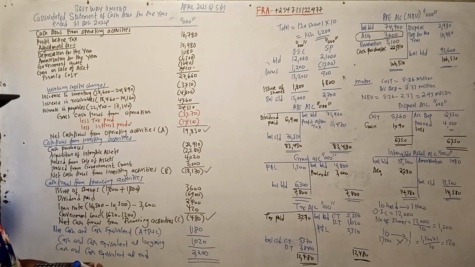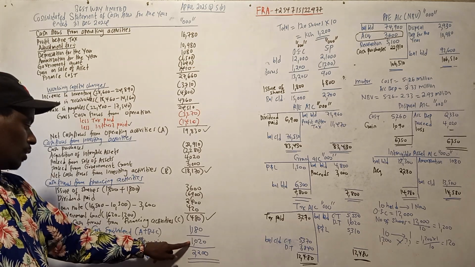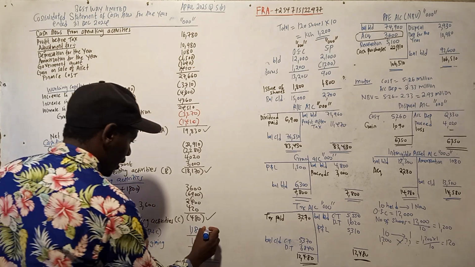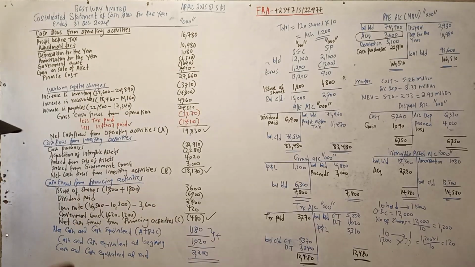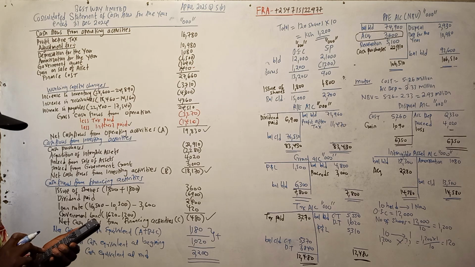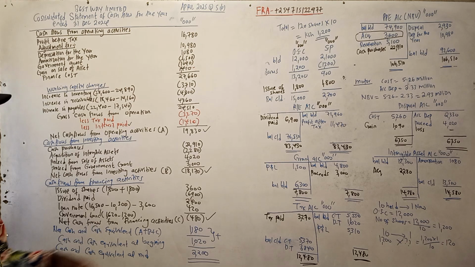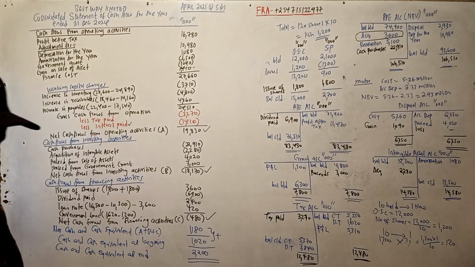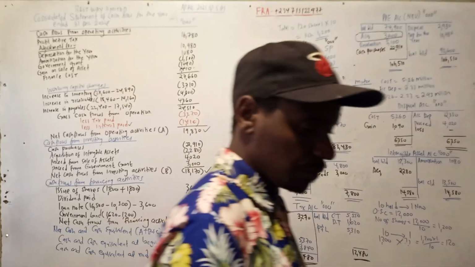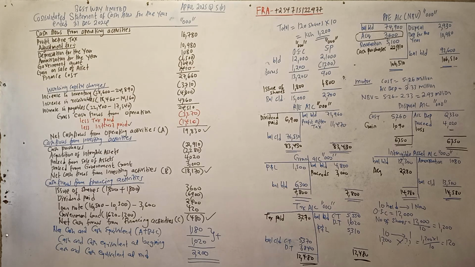Now when I add the 1180 to 1020, I'm supposed to get the balance at the end. So 1180, now I add 1020. That one is correct. So that's how you're supposed to handle this question for April 2025 for the cash flow statement.